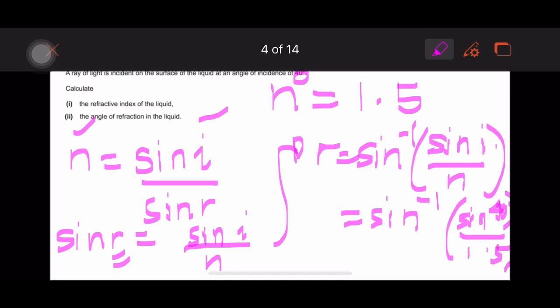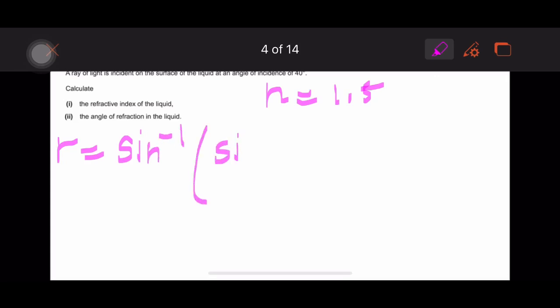This is so messy, let me rewrite. Now r, we know the formula, and we should not forget n is equal to 1.5. We solved it earlier. So r is the inverse sine of the angle of incidence, which is 40 degrees as given in the problem, divided by the refractive index 1.5.